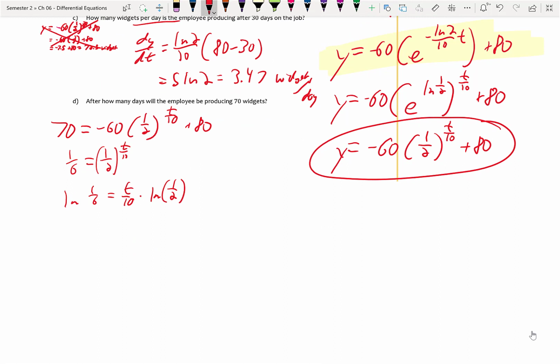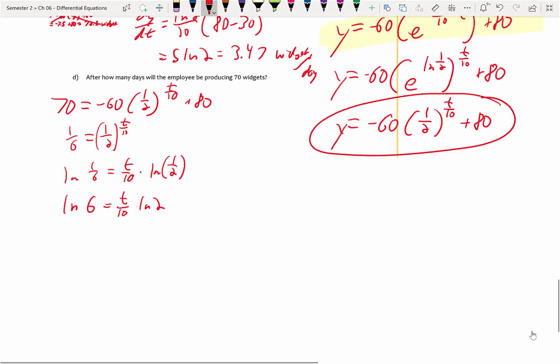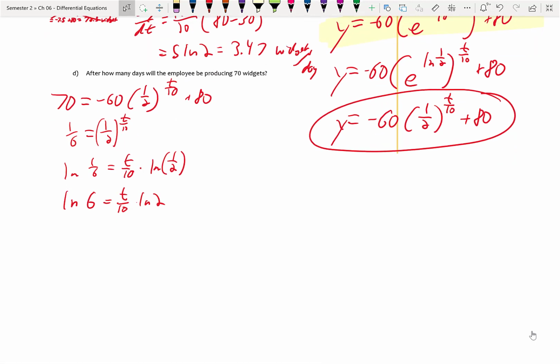Ln of 1/6 is negative ln of 6, and ln of 1/2 is negative ln of 2. So I can actually write this as ln of 6 equals t over 10 ln of 2. And then if I divide both sides by ln of 2 and multiply both sides by 10, I get t is equal to 10 natural log of 6 over natural log of 2.